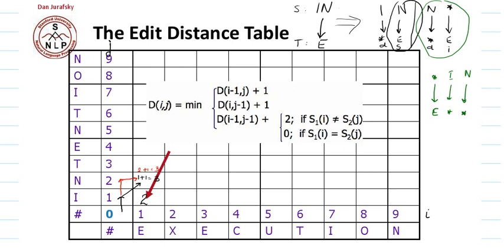So I will insert e, I will delete I, then from here I can obtain the value of the next block, that is 2 plus 1, that is equal to 3. So the minimum of 3 is again 3.